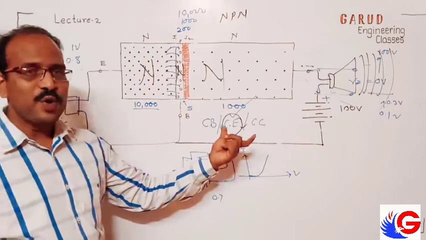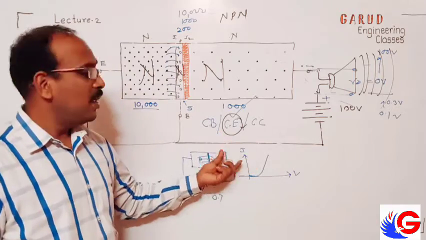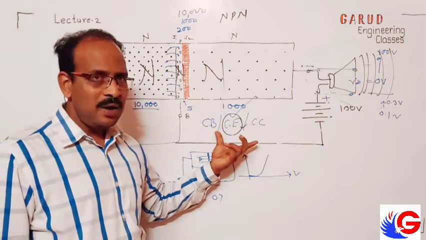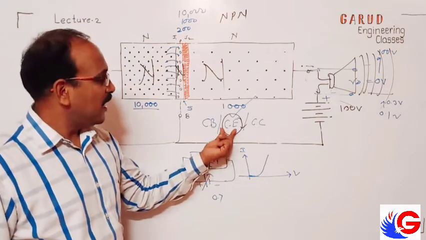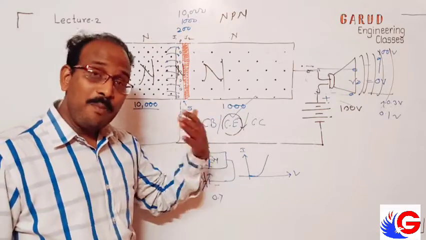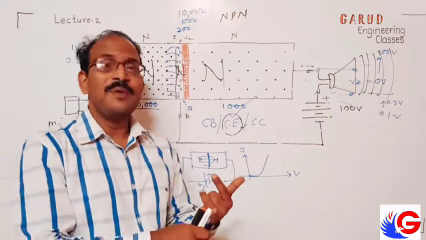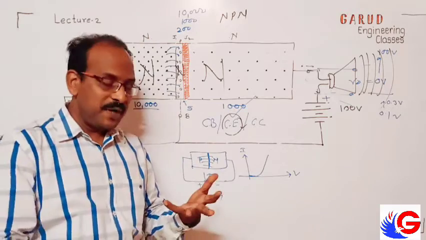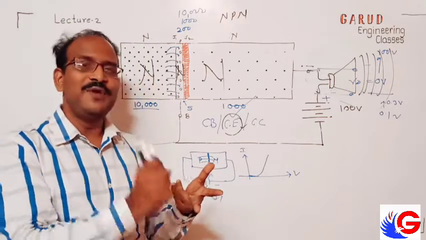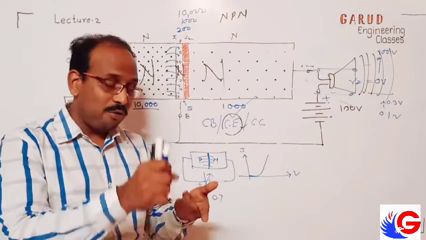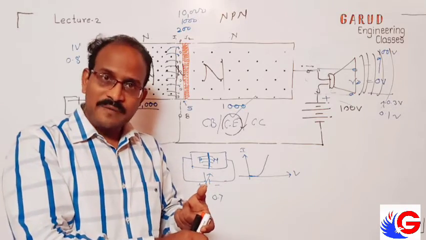So for the 3 types of configuration, I will give you the comparison of how the common emitter configuration is better than all. Then I will modify the circuit. Then I will explain what sensitivity is, what thermal runaway is, how sensitivity is decreased using a thermal resistor, and how to remove thermal runaway.